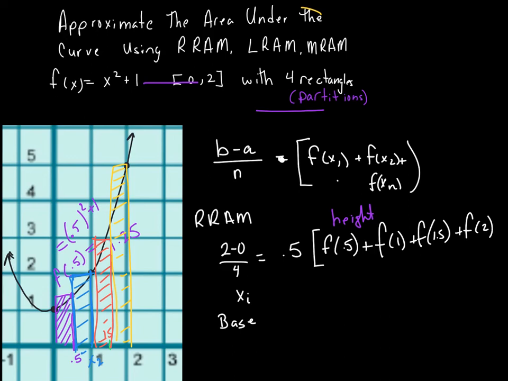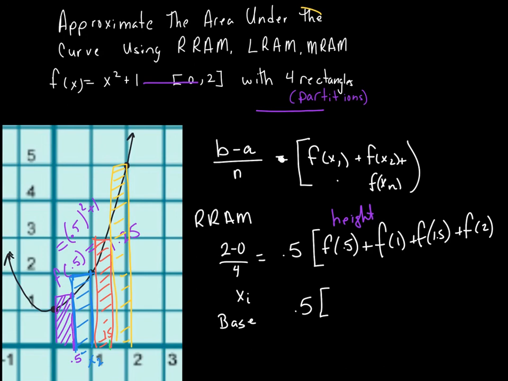And again, all I'm doing is plugging all of those into my original function. My original function is f of x is x squared plus 1. So the base, or the width, of each of those rectangles is 0.5. I've made them the same. They don't have to be the same, but for ease with approximation, that's what we're going to be doing here.